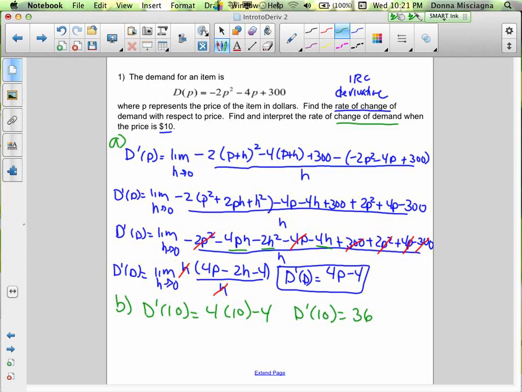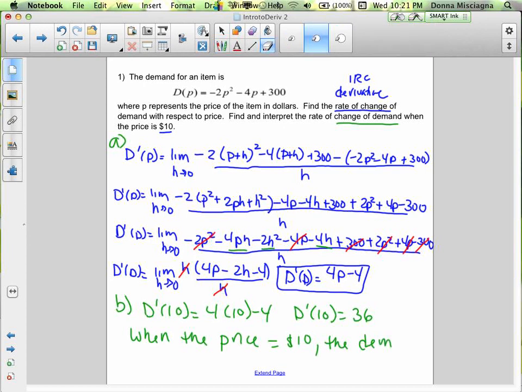So when the price equals $10, the demand, not the demand, but the rate of demand. So what's increasing is not our demand, but the rate of demand.